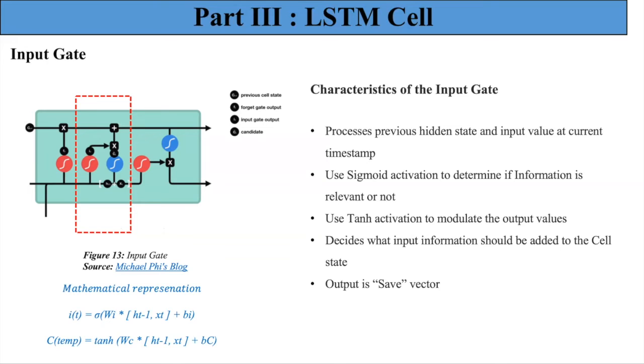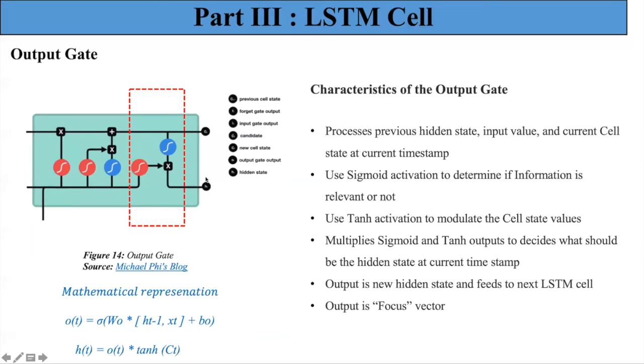Based on that, it adds that into the previous cell state, and that becomes the current cell state. So the cell state is slightly modified, and depending on what is added, it becomes important or not important.